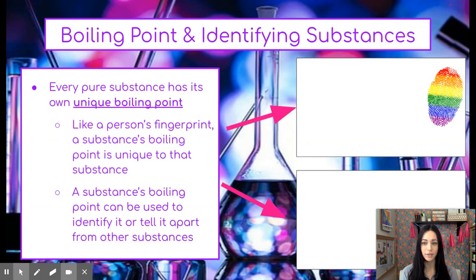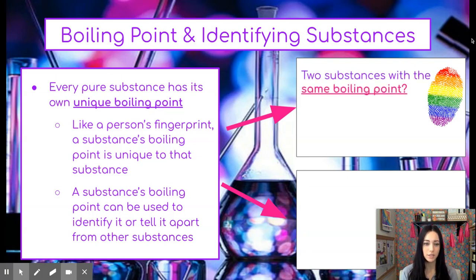Just like a melting point, a boiling point, again, can be used to identify substances because every pure substance has its own unique boiling point. Because it's unique to that substance, like a fingerprint, it can be used to identify that substance or tell it apart from other substances. We could have an instance where we look at two substances and find that they have the same boiling point.